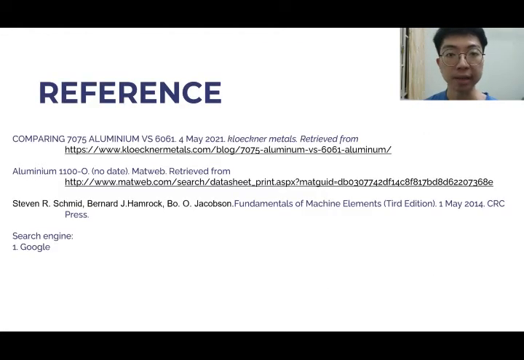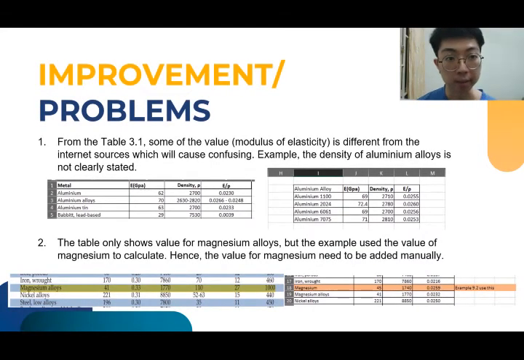And this is the reference that I used to explain this example. The search engine that I used is Google. There are a few problems that I found in this question. First is the aluminum alloys. It is only given a range of data but not specified, so I Googled it myself and calculated it.